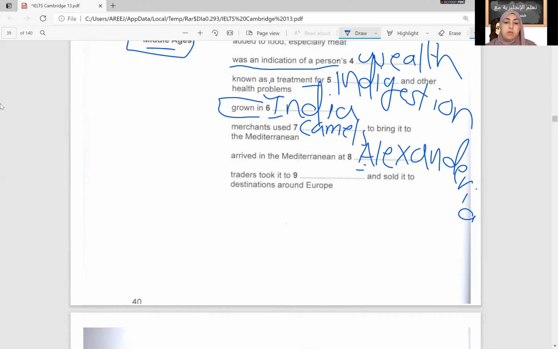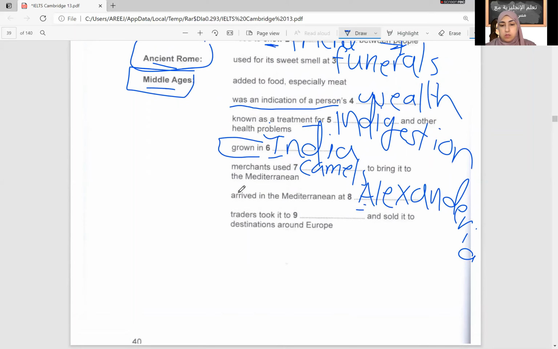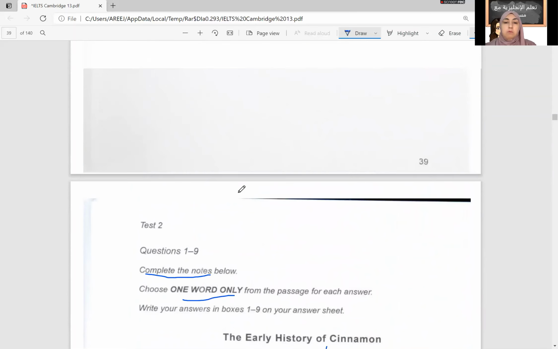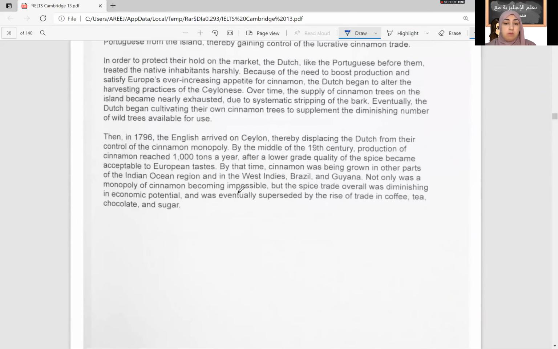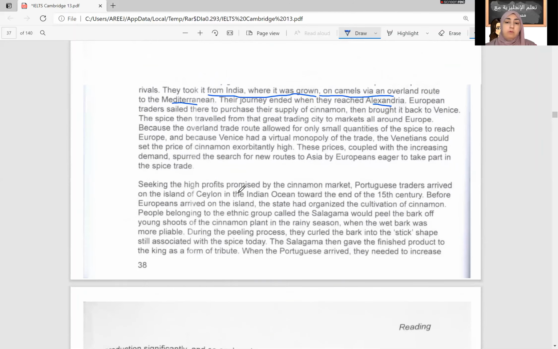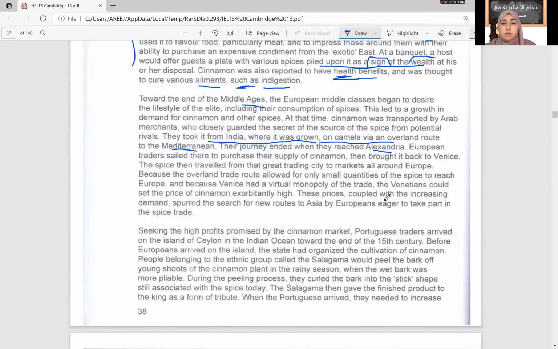Or a seaport. Next, traders took it to what and sold it to destinations around Europe. So they sold it to maybe people, a group of people, or maybe another place and so on. Again, wherever I stopped, I proceed. We finished at Alexandria here. So European traders sailed there to purchase their supply of cinnamon, then brought it back to Venice.